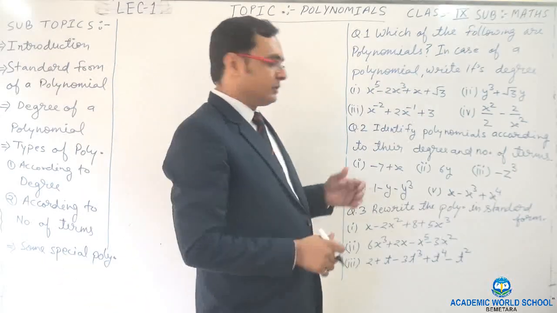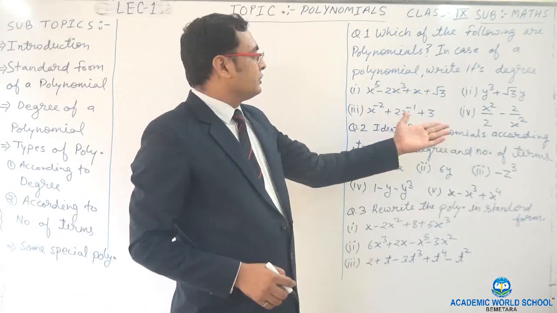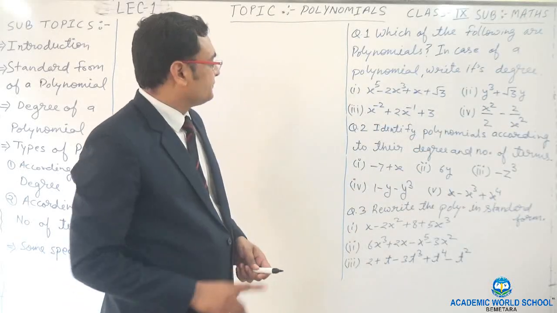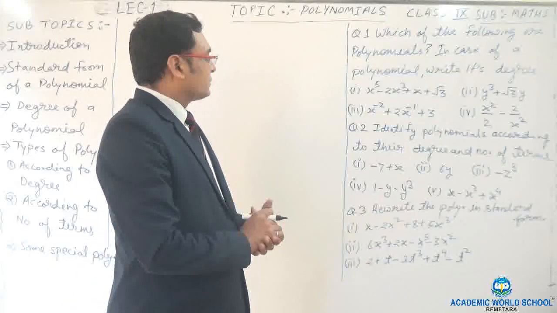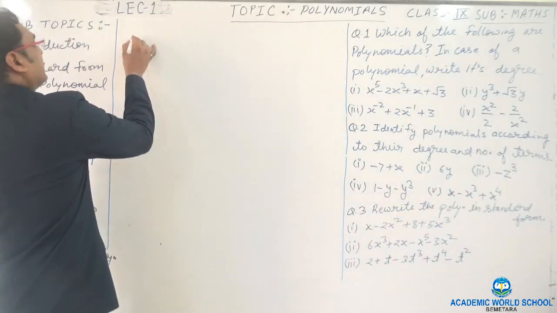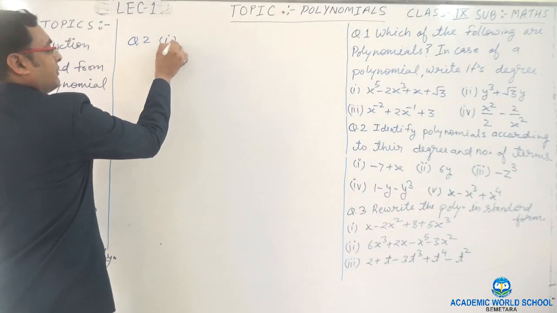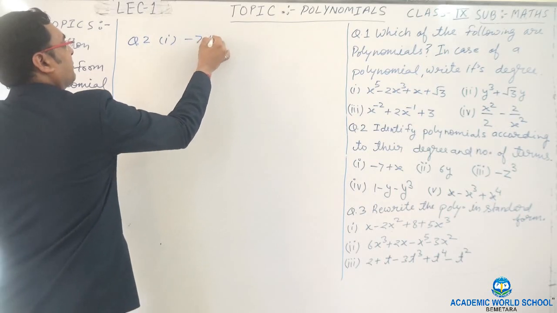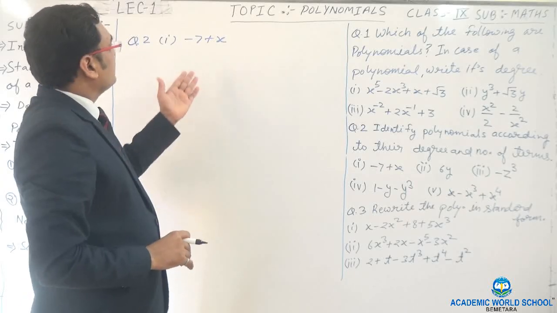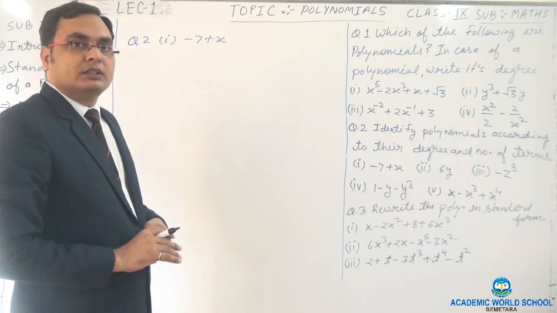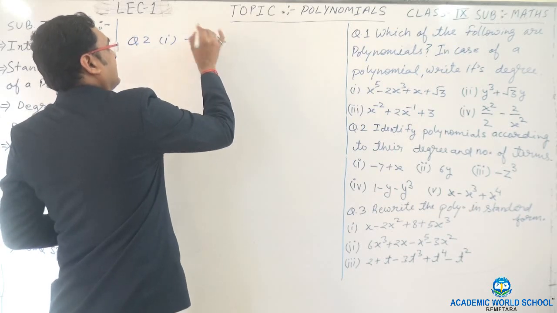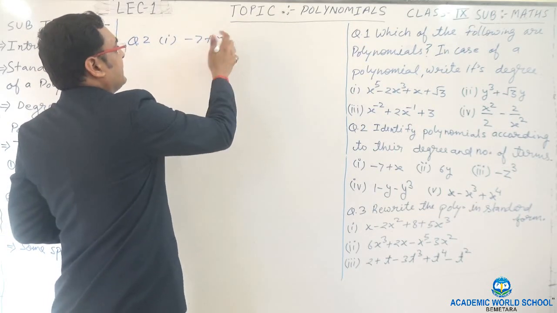Look at question number 2. Identify polynomials according to their degree and number of terms. So the first example is minus 7 plus x. Now what is the degree of this polynomial? Here x to the power 0 is there, here x to the power 1.